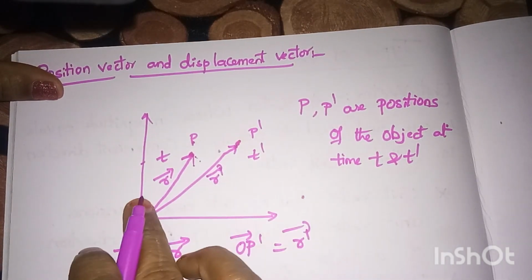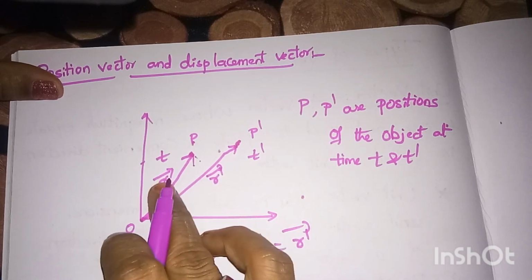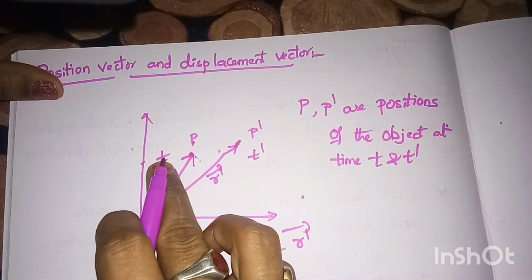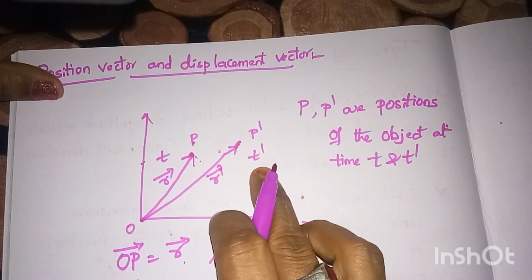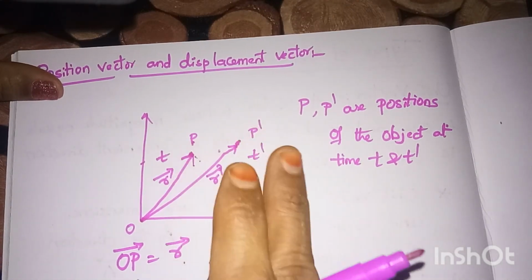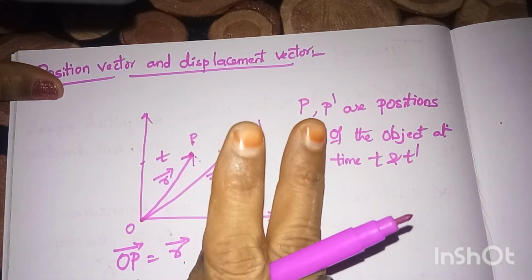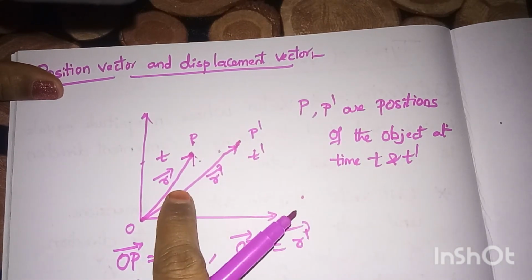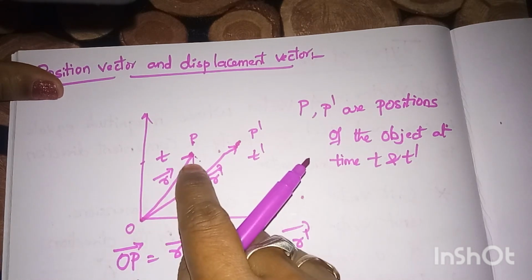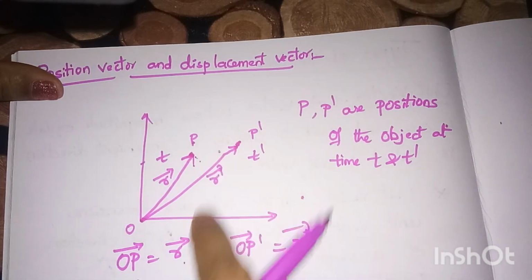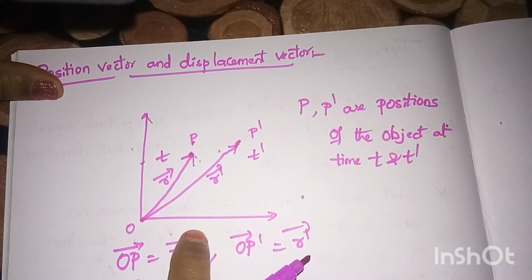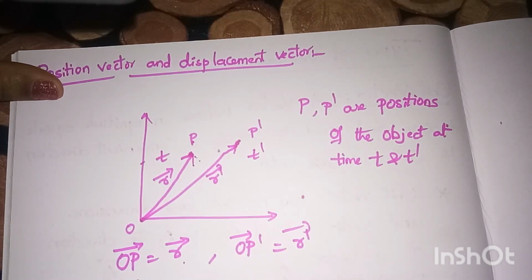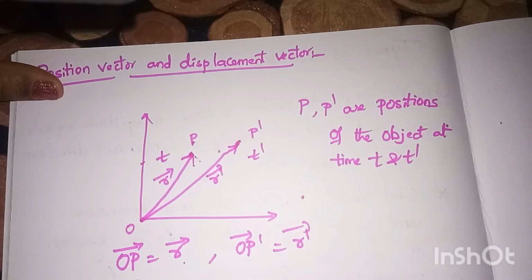So here we have two position vectors, r bar and r dash bar, for times t and t dash. The object is moving between two positions, p and p dash. So the position of the object can be represented with a position vector: OP bar equals r bar, and OP dash bar equals r dash bar, for time t and t dash.